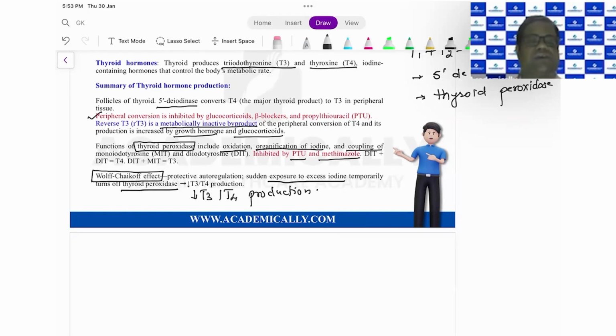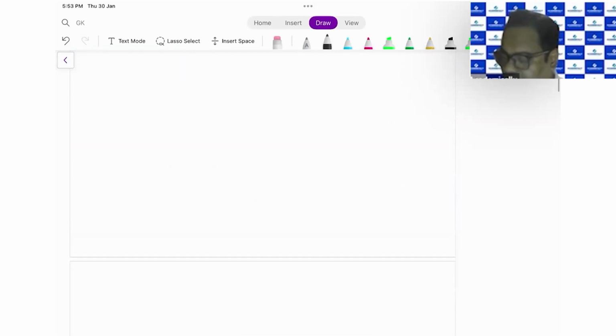What do we expect? We expect that there will be increased T3, T4 because iodine is required, right? But that excessive iodine, because of chemical effects, is going to inhibit thyroid peroxidase. And in fact, T3 and T4 levels are going to be lower. So that is giving rise to the Wolff-Chaikoff effect. That is important.